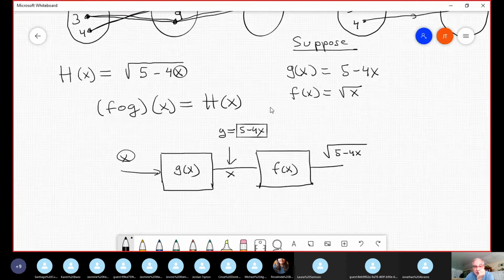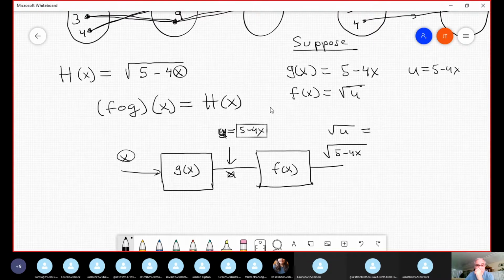We can change this variable a little bit. Normally mathematicians use u as the intermediate variable. So this is not y, it's u, and it's the radical of u. And what is u? u is 5 minus 4x. It doesn't matter. Okay, but this is not the only possibility.